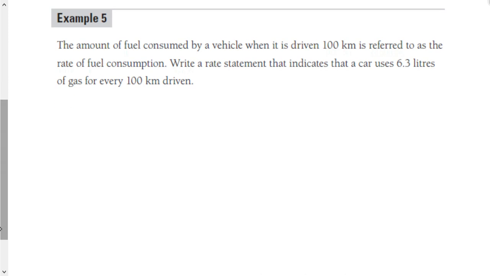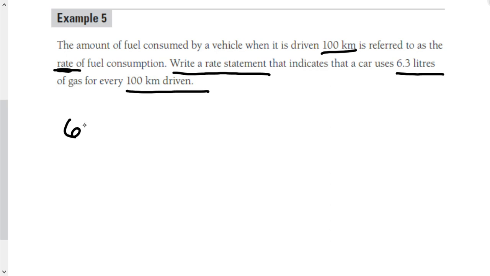The amount of fuel consumed by a vehicle when it is driven 100 kilometers is referred to as the rate of fuel consumption. Write a rate statement that indicates that the car uses 6.3 liters of gas for every 100 kilometers driven. So we can write this as a proportion first. Let's change this to 6.3 liters per 100 kilometers.